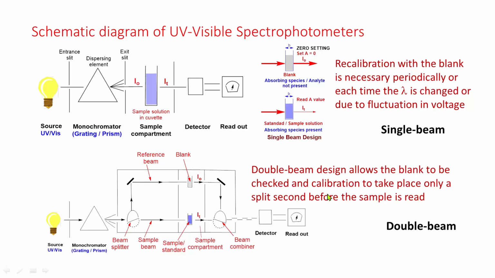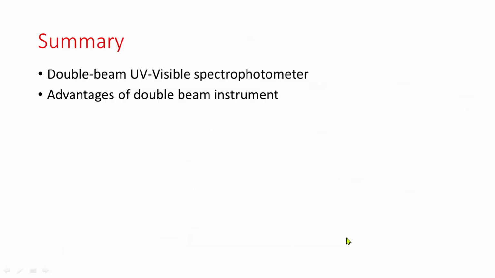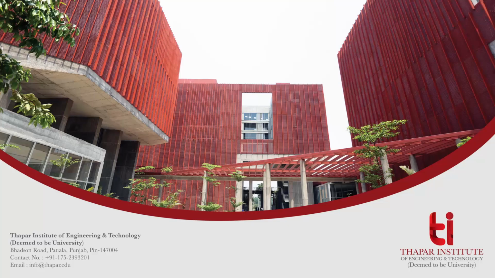In double beam, it allows the blank to be checked and calibration to take place only a split second before the sample is read. We have discussed the double beam UV visible spectrophotometer and the advantages of the double beam instrument over the single beam instrument. Thanks for watching this video.